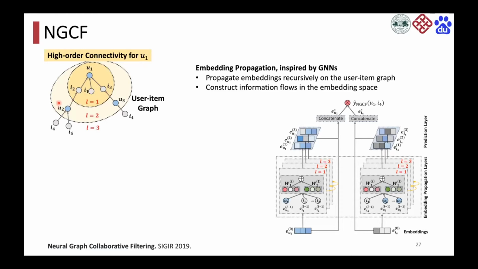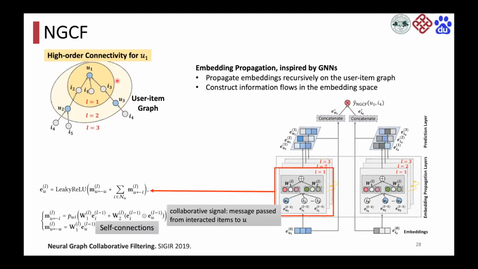They use embedding propagation to enhance the embedding learning of the target user u1. For the user node, they first compute the aggregated information from each neighbor in this equation, and learn the collaborative signal.